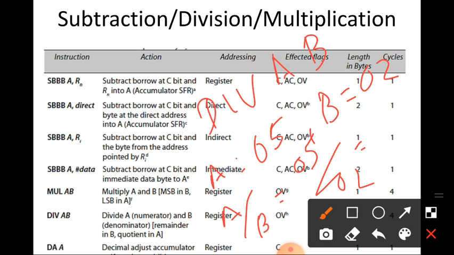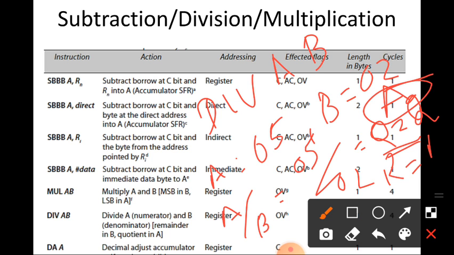Then the quotient will be 2 and the remainder will be 1. So the quotient will be stored in A and the remainder will be stored in B. So remember this one.